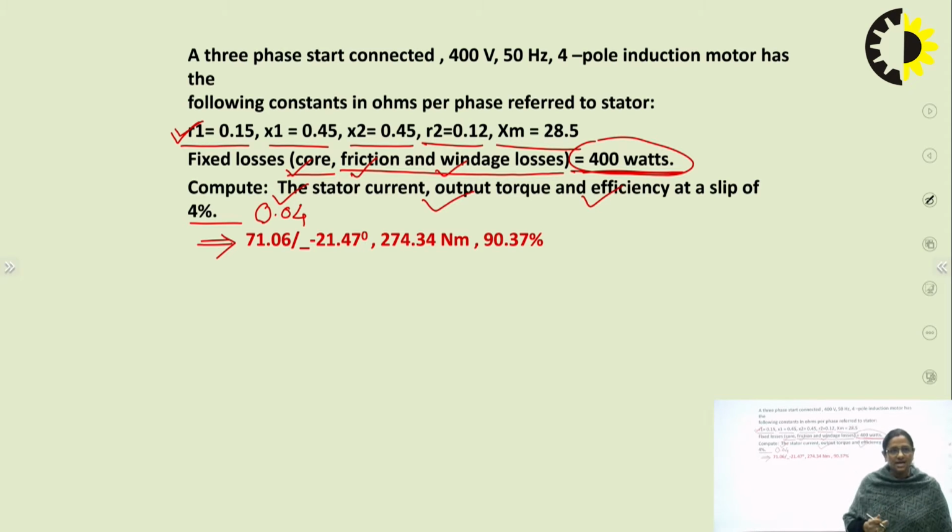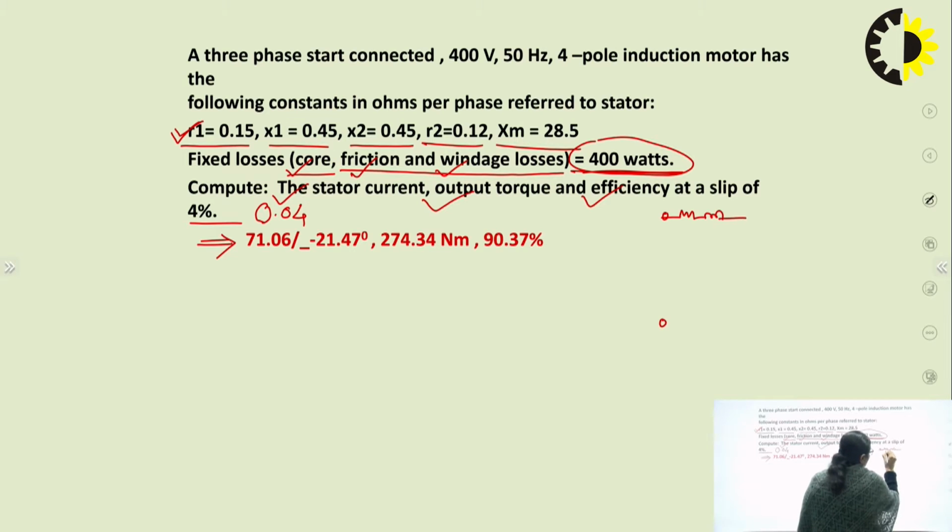The question is asking for the stator current, the output torque and the efficiency, right? For determination of stator current, let us think about the equivalent circuit first. All the parameters of the equivalent circuit are given to us. So let us now first draw the equivalent circuit as per the data given in the question.